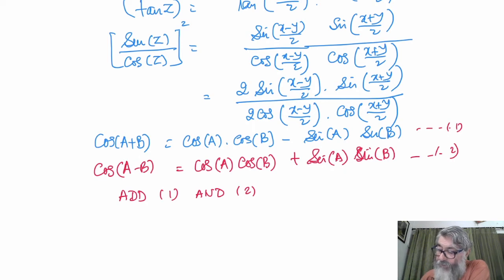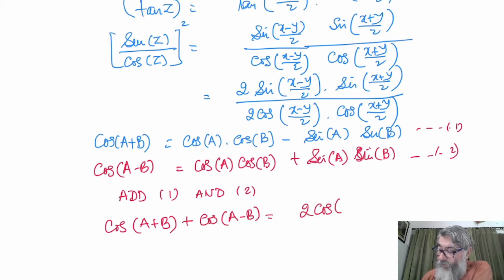You will get cos (A plus B) plus cos (A minus B) equal to 2 cos A cos B, which is your denominator here: 2 cos (x minus y)/2 cos (x plus y)/2. So once we will add them, once we will subtract them.